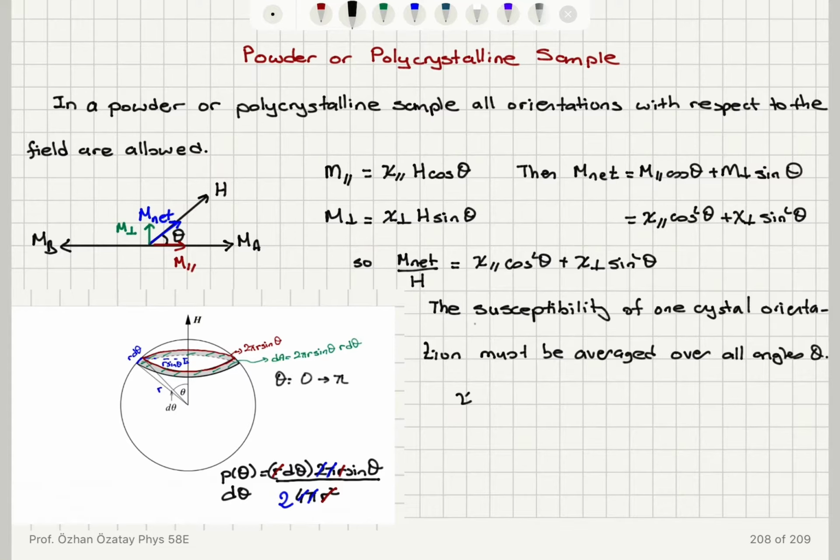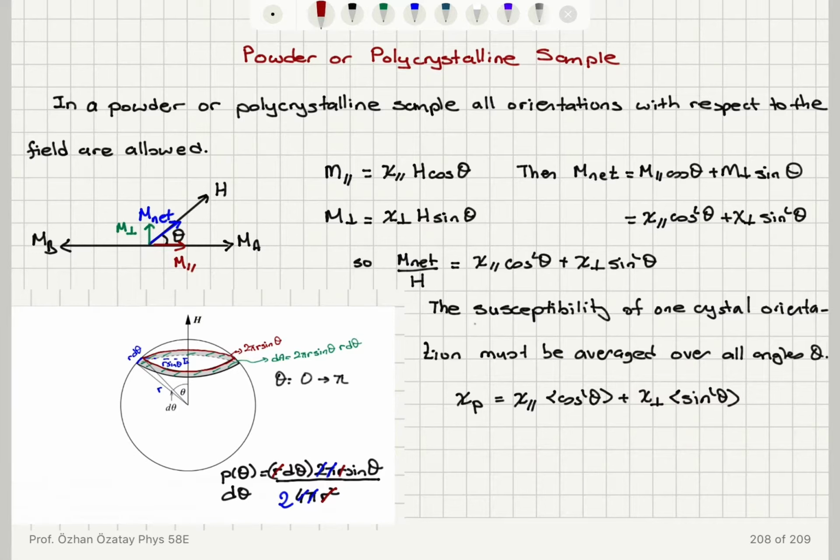So the answer we're looking for, the powder or polycrystalline susceptibility, is chi longitudinal times the average value of cosine square theta plus chi transverse times the average value of sine square theta.